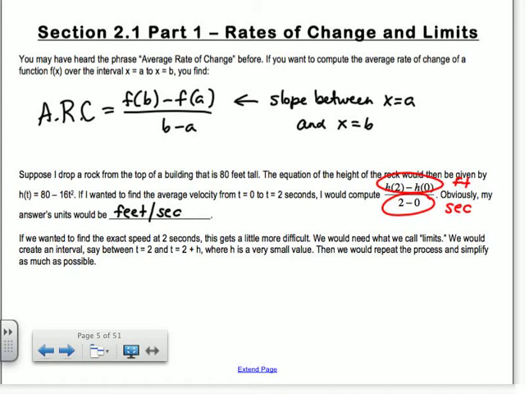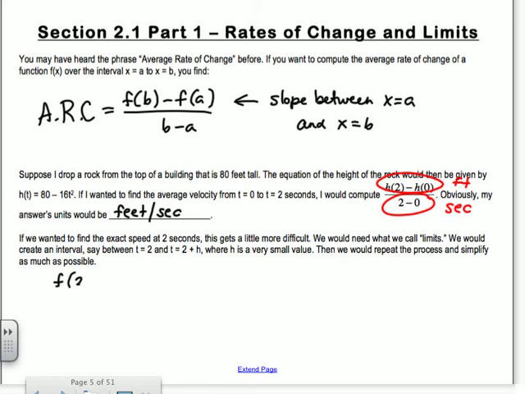In this case, we're going to leave h in it. So we're going to say, what is h of 2 plus h? Oh, it's h, isn't it? That's annoying that I used h and h, but we'll go with it. h of 2 plus h minus h of 2 all over 2 plus h minus 2. I'm using h because h was my height after 2 seconds.